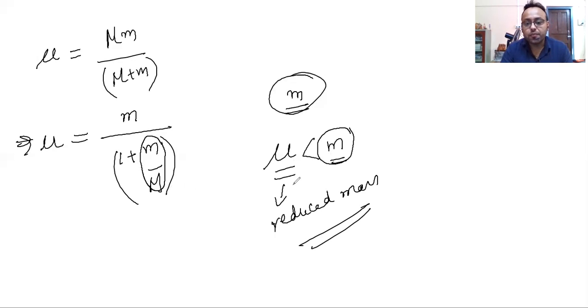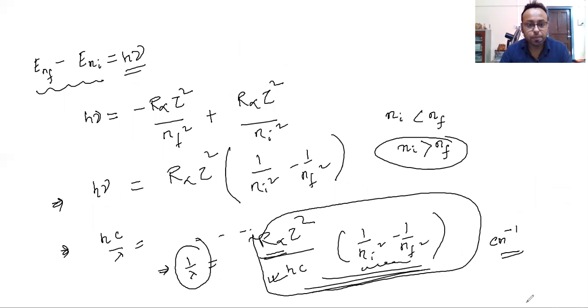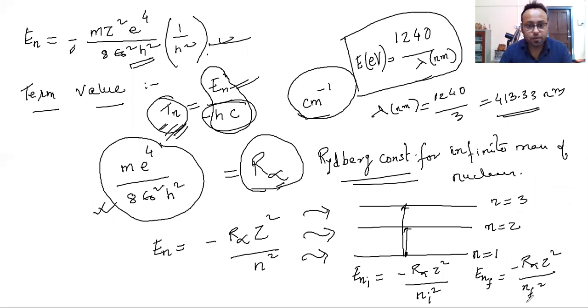Now this thing will definitely impact our energy calculation, or you can say our R infinity value. So the Rydberg constant, R infinity, what was R infinity? R infinity was m e to the power 4 by 8 epsilon naught square h cube c. Now in place of m, you will have mu.